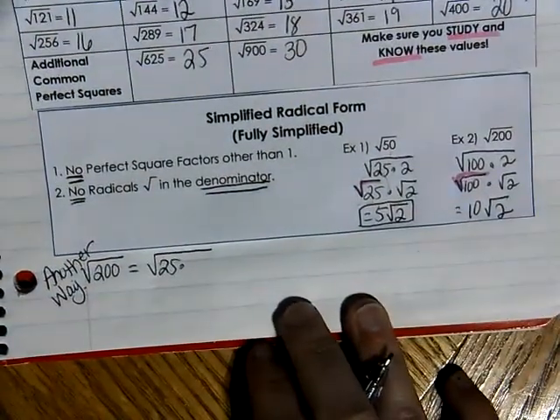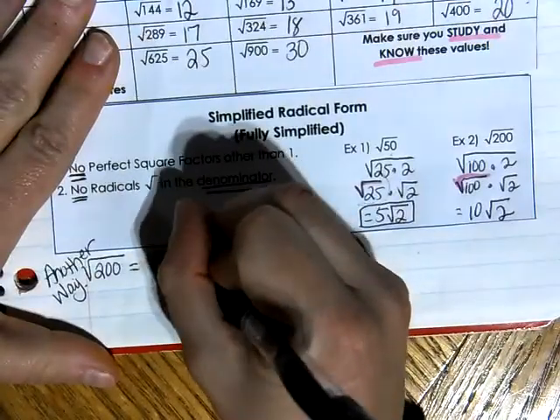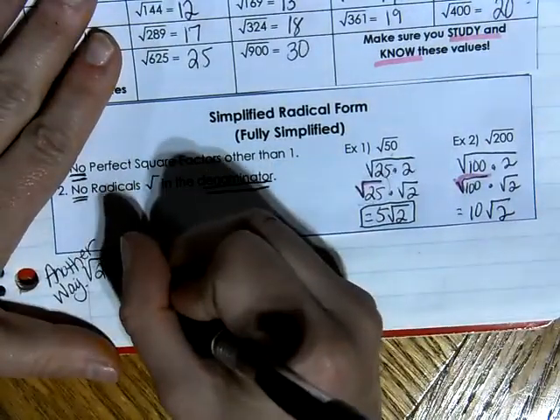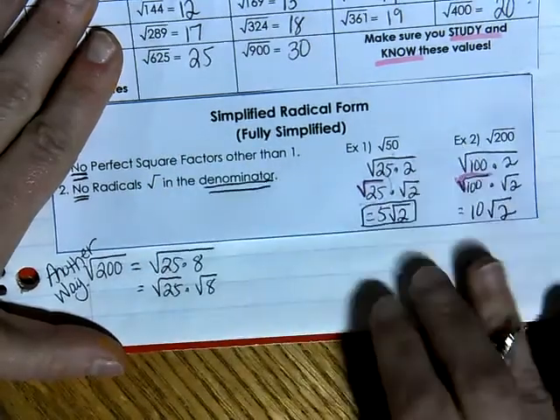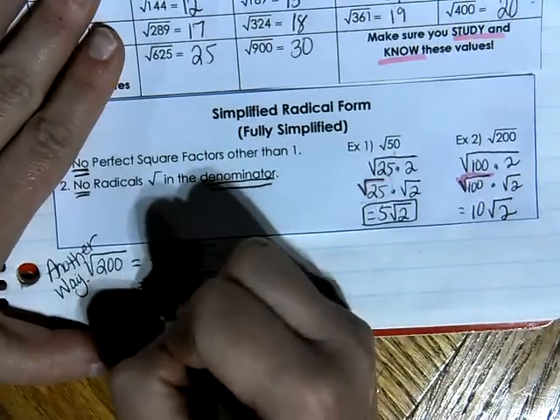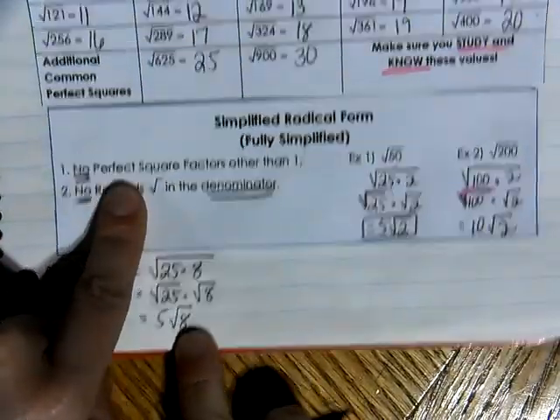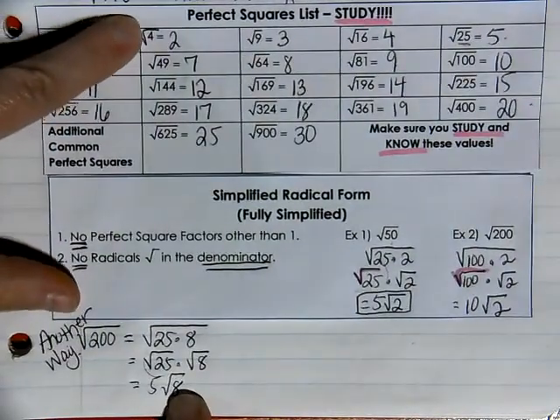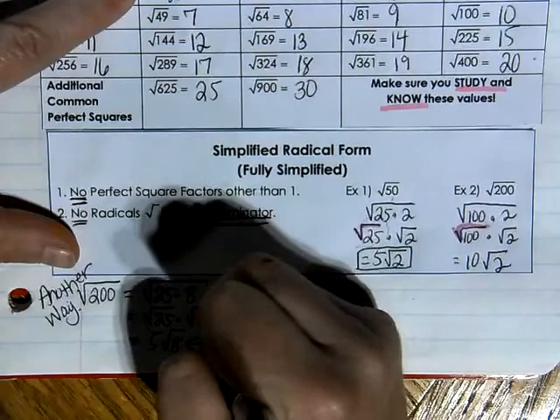Instead, you saw this as 25 times 8. And you said that this is equal to the square root of 25 times the square root of 8. Well, yes, the square root of 25 is 5 times the square root of 8, but 8 has a perfect square factor that's remaining, so you have to keep going.